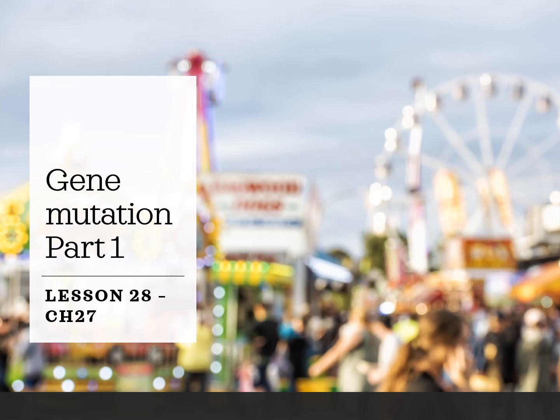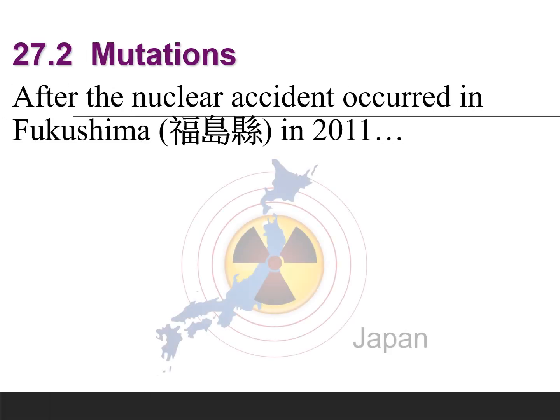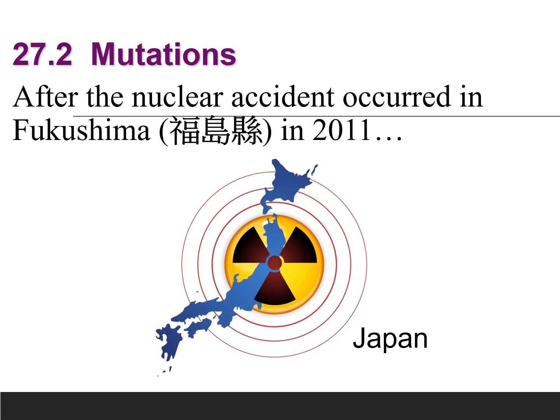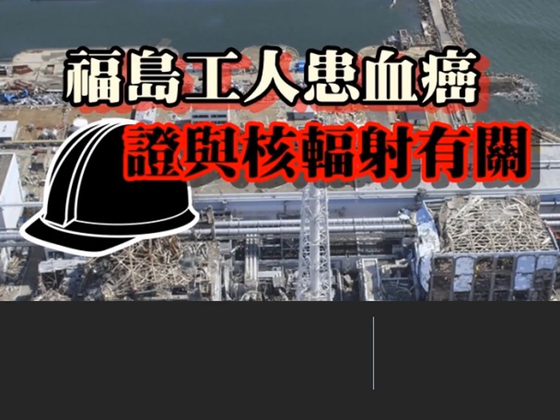Let's start. One of the very famous mutation events that happened in this century would be the nuclear accident that occurred in Fukushima, Japan, in 2011. In 2011, a very strong earthquake occurred near Japan's sea, and this led to the destruction of the nuclear facility in Fukushima.